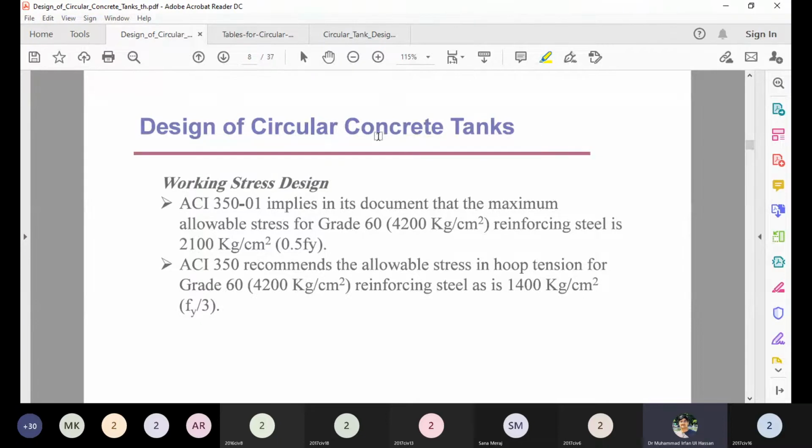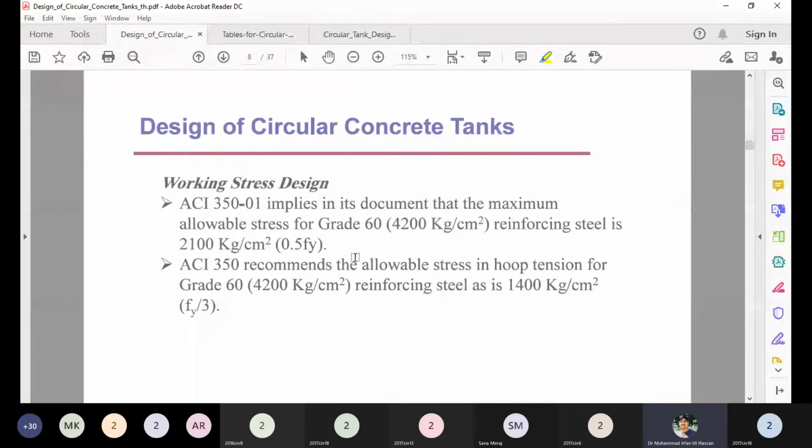You know that working stress method means that the allowable stresses are lesser than the yield stresses or the ultimate strength, like the steel grade. If it is a 60 grade steel, you will not use 4500 kg per square centimeter, or 420 megapascal, but we will reduce that stress by half. So we will use half of Fy.